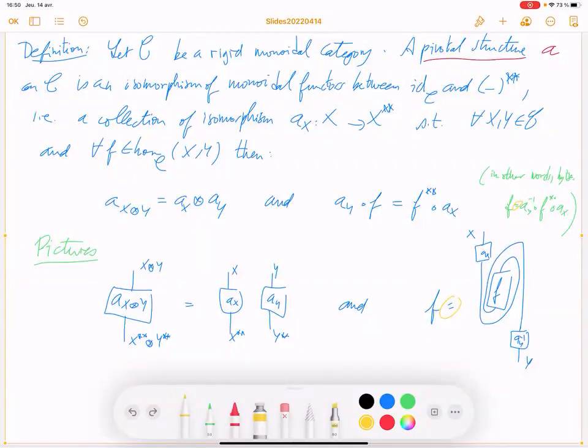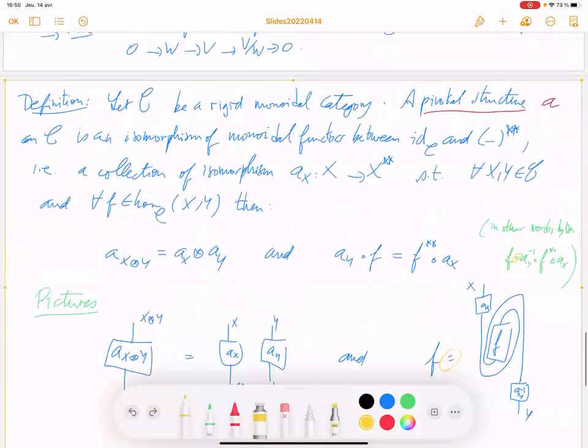So this is not true in general, but it's true for semi-simple multi-tensor categories.